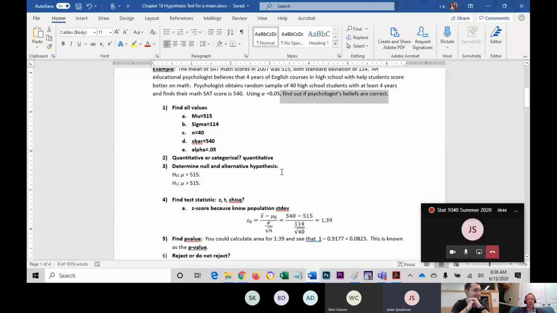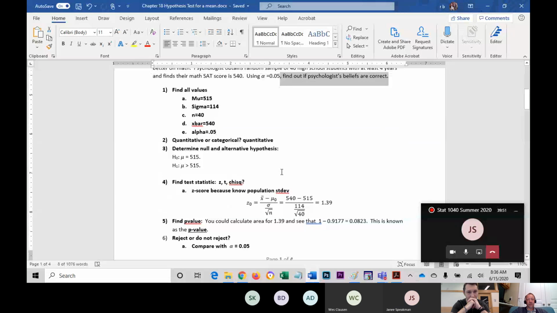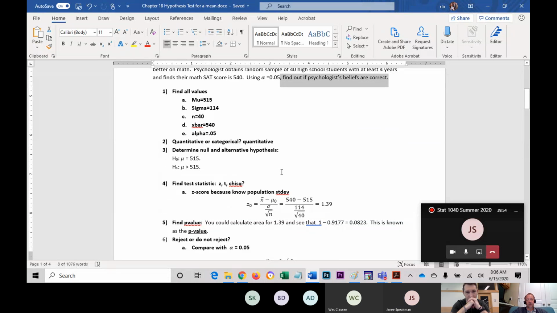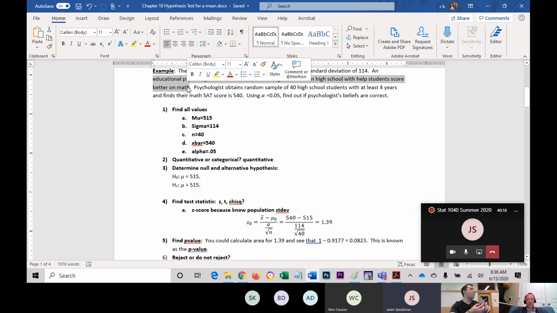We said we do not reject. So then it would be that the psychologist's beliefs are correct. Okay, so let's make sure. Before we decide whether we need to believe this, what does the psychologist believe? They believe that 4 years of English courses in high school help students score better on math.